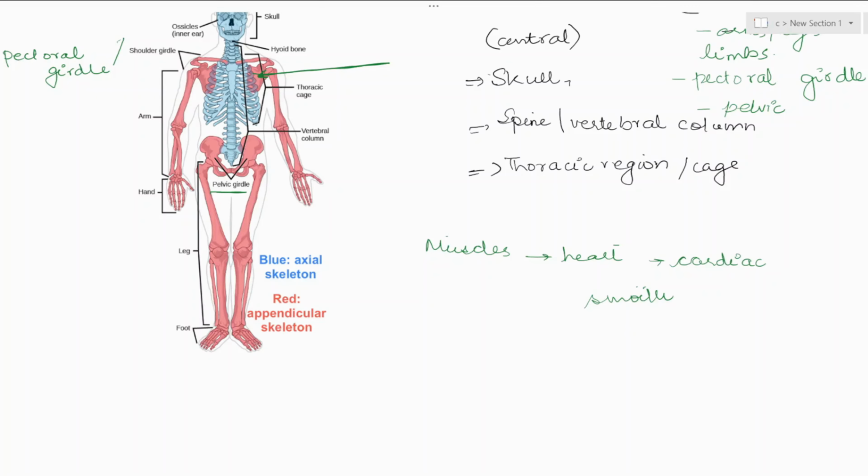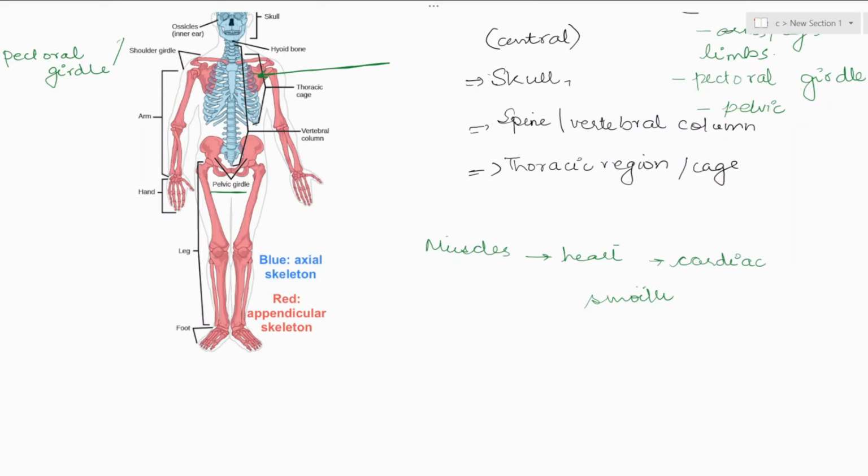Okay, now muscles are also connected to bones for movement. Bones are also connected to each other. Let's learn now. When bones are connected, how are they connected? They are connected with the help of joints.